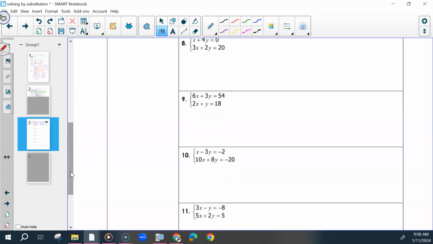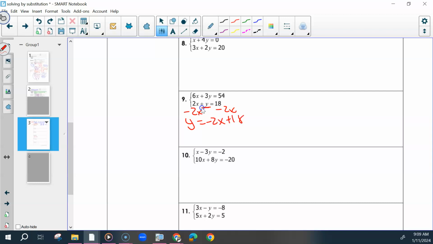Then for number 9, same as before, the easiest thing to do would be to find the variable that's by itself and solve for that. How would we solve for that variable? We would subtract 2x on both sides. So we have y equals negative 2x plus 18.